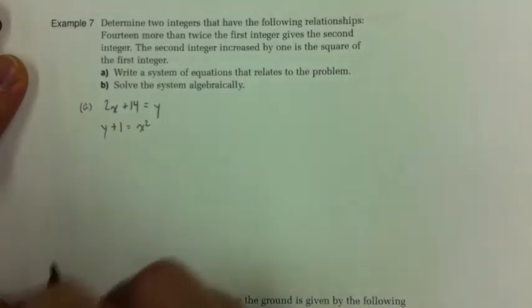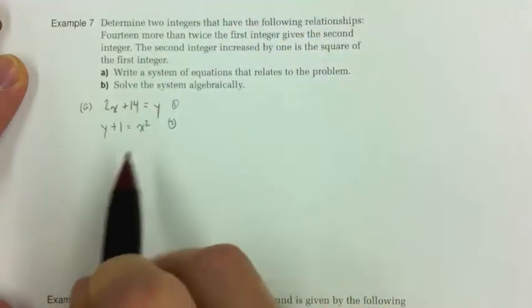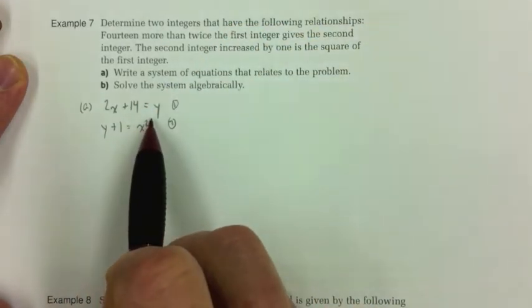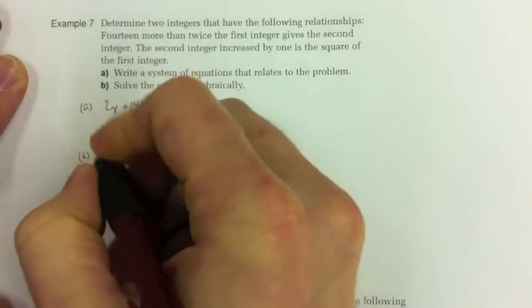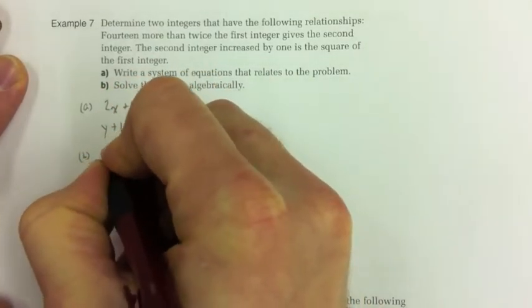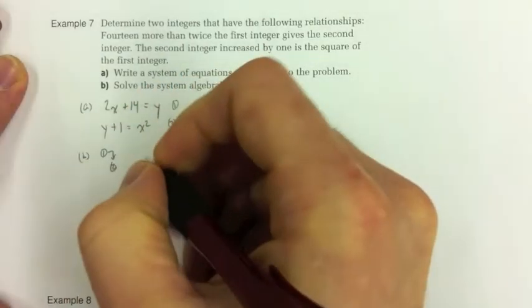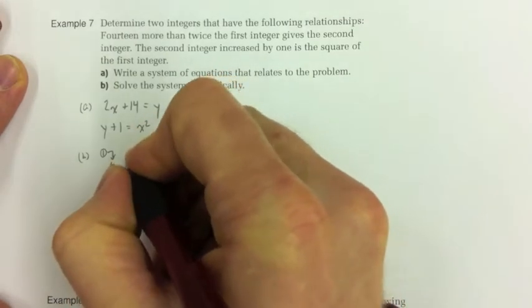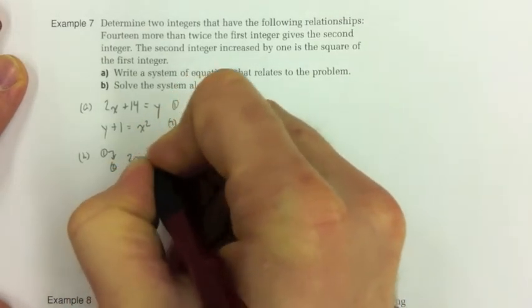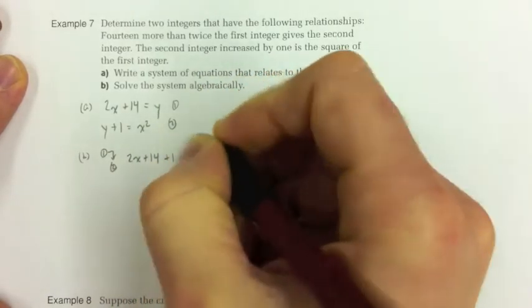Alright, B asks us to solve the system. Again, it's really nice. We've got y already isolated in the first equation, so we're going to use substitution, putting equation number 1 into equation number 2. So instead of writing y plus 1 equals x squared, we're going to write 2x plus 14 plus 1 equals x squared.